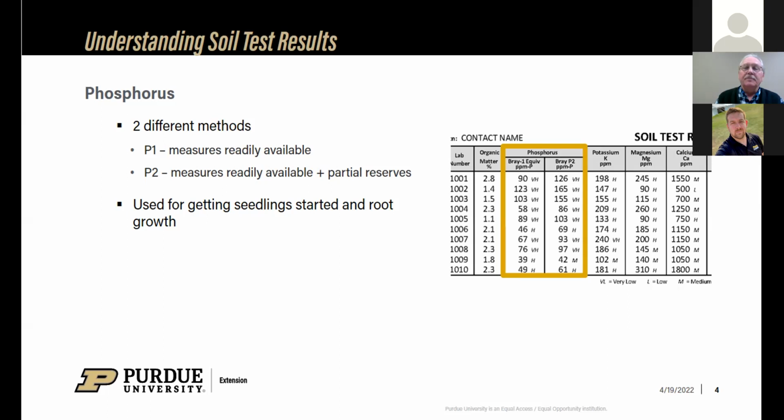So M stands for medium, which tells you relatively within your soil, is that 90 high or is that 90 low? In this case, with phosphorus, generally, we consider things over 30 to be in that high range. Actually, it looks like maybe the cutoff is about 45 in that high range.